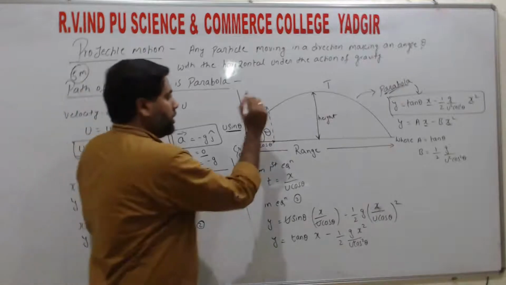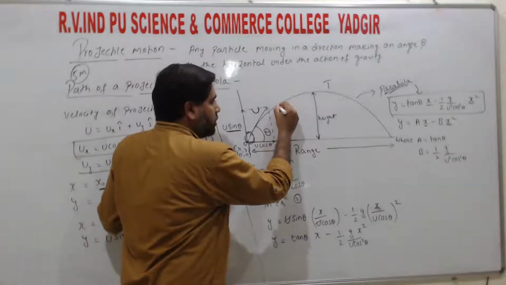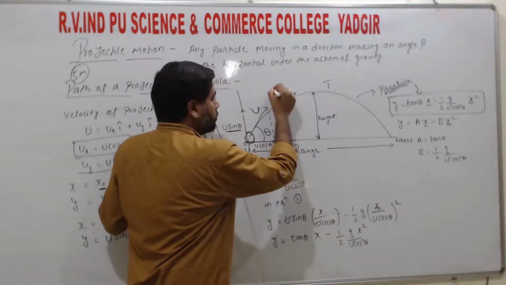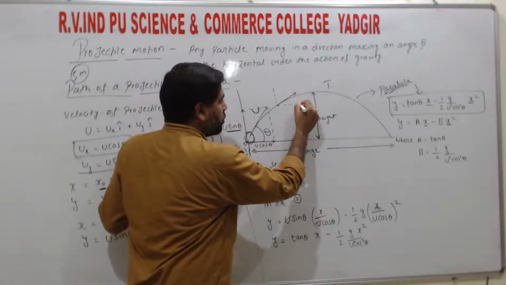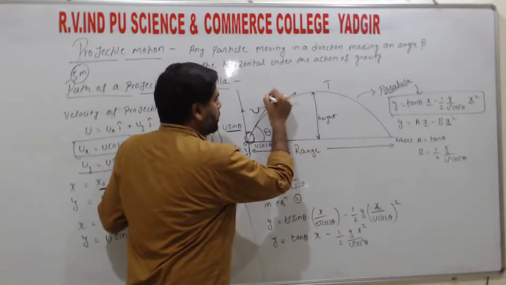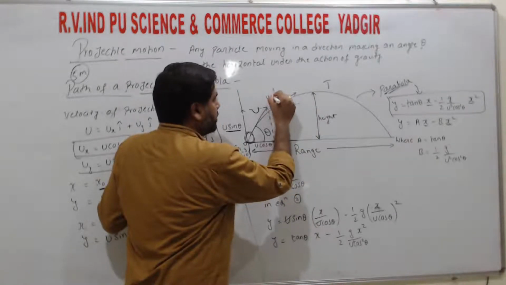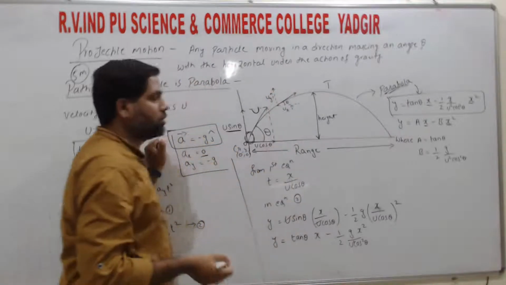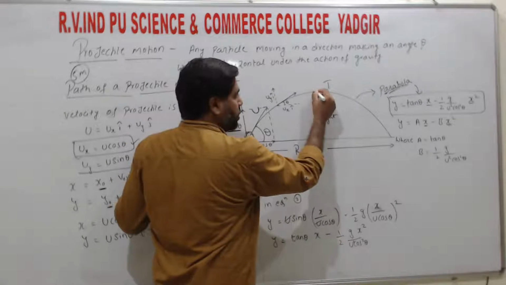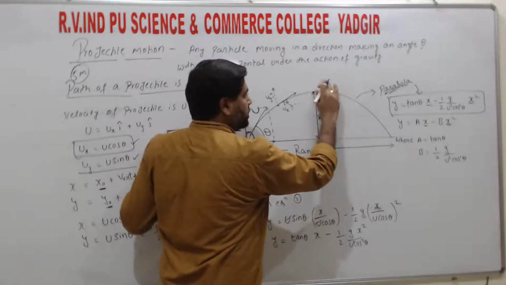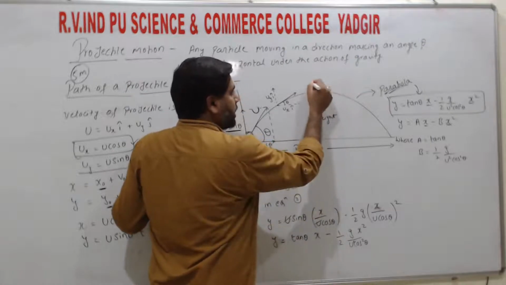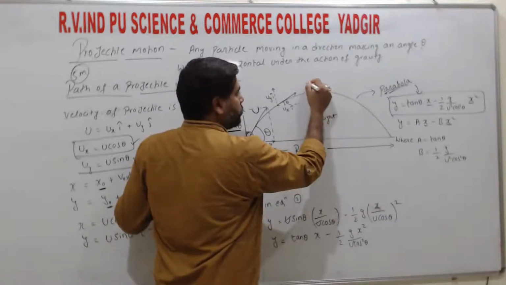So if we consider the velocity at this point, I will draw the tangent at this point. Now if we resolve the components, here we get ux i cap, uy j cap, right? Next, exactly at the maximum height, if I resolve the component, here we get ux, but we won't get uy.